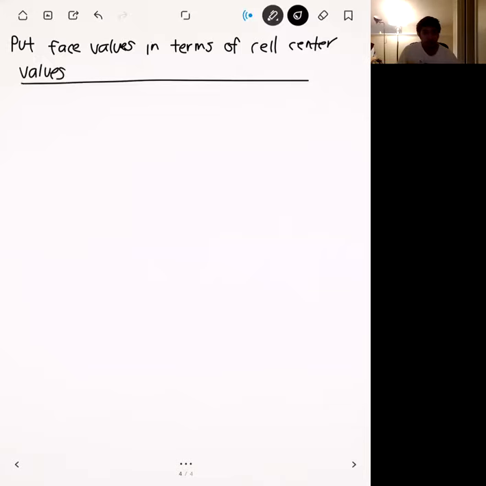Okay. And so let me go ahead and write out our four integrals again, and I'll put them in the current form in terms of the face values. Okay. And so we have the integral on the north of partial phi partial y dx. Okay.